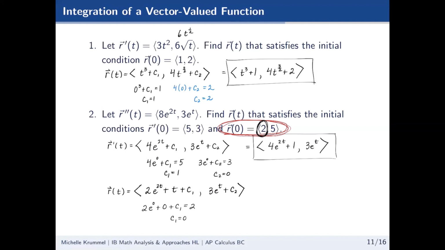And then for the y component, again, when t is 0, we've got 3e to the 0 plus c2 equals 5, that y component right here, giving us c2 equals 2. Okay, so now I can rewrite my r of t as 2e to the 2t, I don't need to write plus 0. And then for the y component, 3e to the t plus 2.